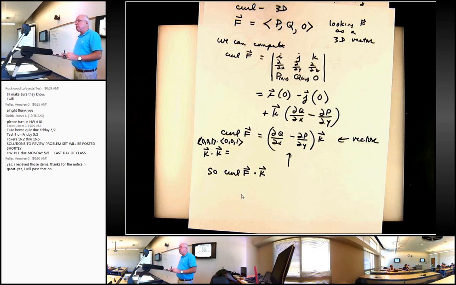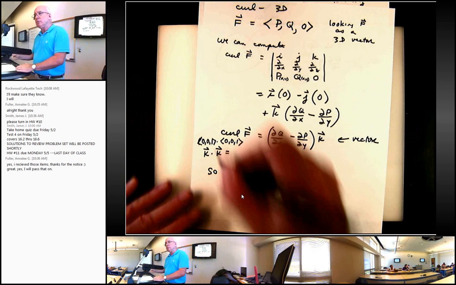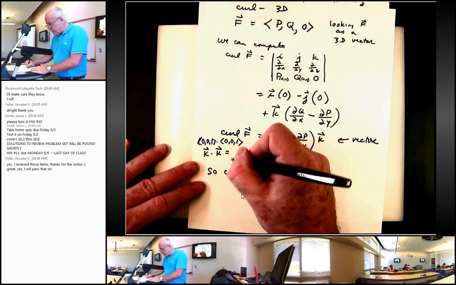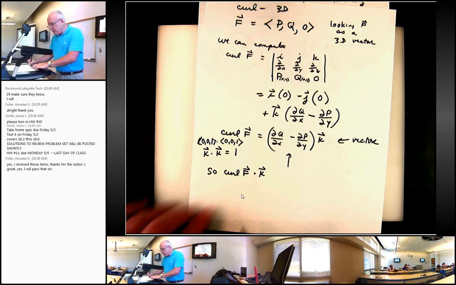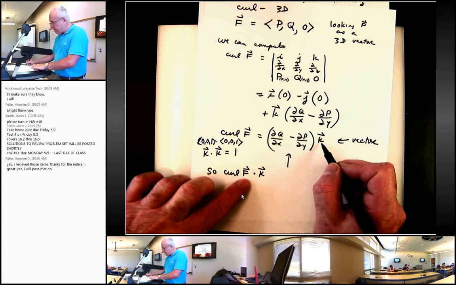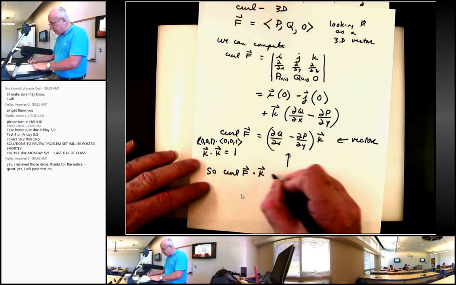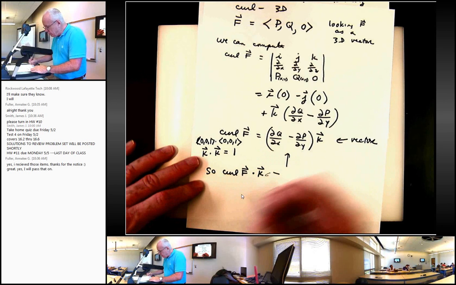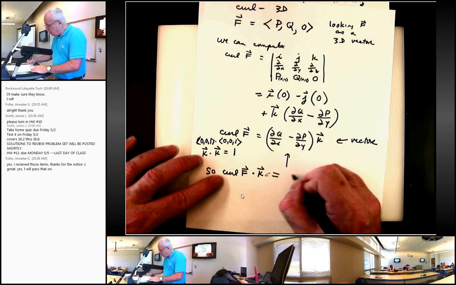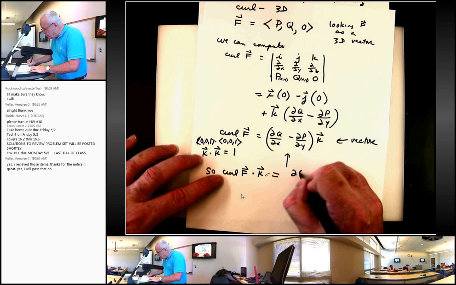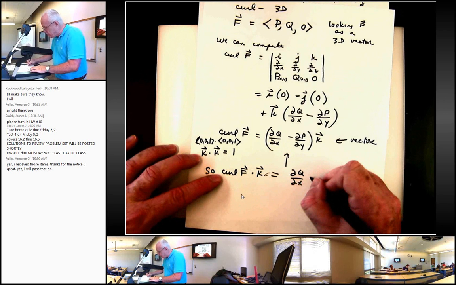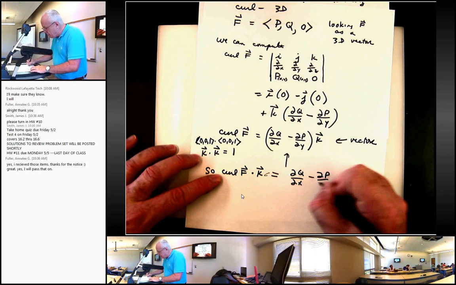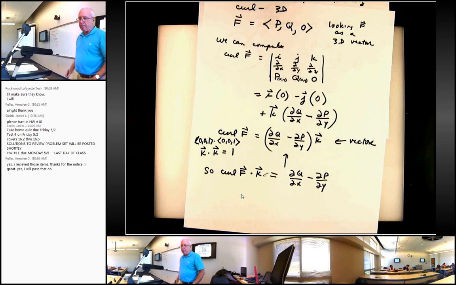What are we going to get? Going to get 1, right? Multiply the components together, we get 1. So if I take this curl, which has this k in it, dot product it with k, that's then just going to become 1 times partial q, partial x minus partial p, partial y.